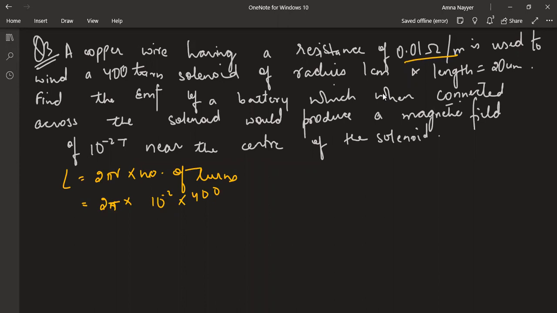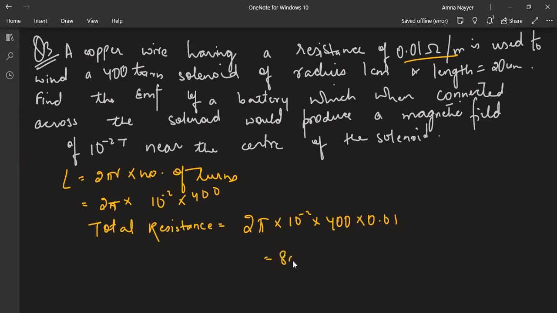So total resistance will be what? Multiply this. Total resistance will be 2 pi into 10 to the power minus 2 into 400 into 0.01. So this is 8 pi into 10 to the power minus 2 ohms.